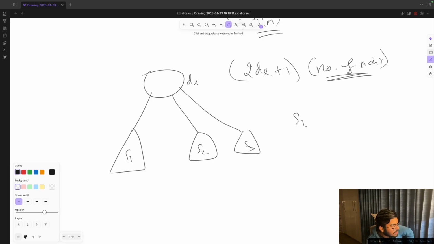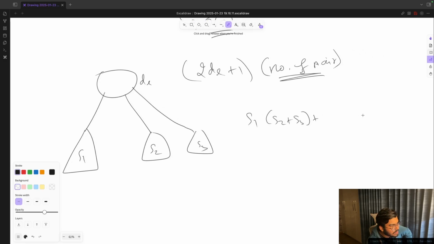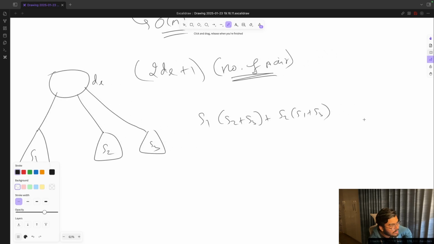So it is equal to s1 into (s2 plus s3), plus s2 into (s1 plus s3), plus s3 into (s1 plus s2), right? And this is equal to 2 times (s1 s2 plus s2 s3 plus s3 s1), right?